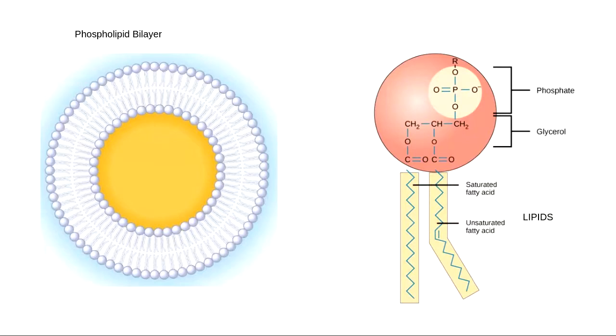So the phospholipid bilayer forms because of water. Now, when we're looking at this picture of the cell here, I have the inside of the cell and I have the outside of the cell. Where is there water in this picture, where would I find water?